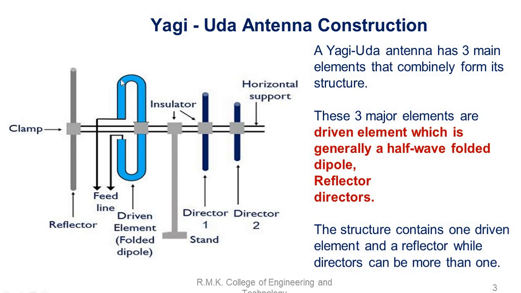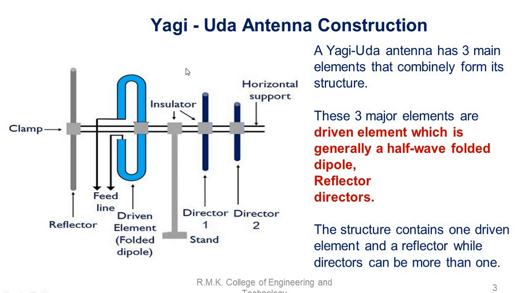Because of this mutual coupling, even though there is no physical connection between these elements, because of the mutual induction, the reflector starts generating EMF, and similarly the director will induce EMF in the driven element.